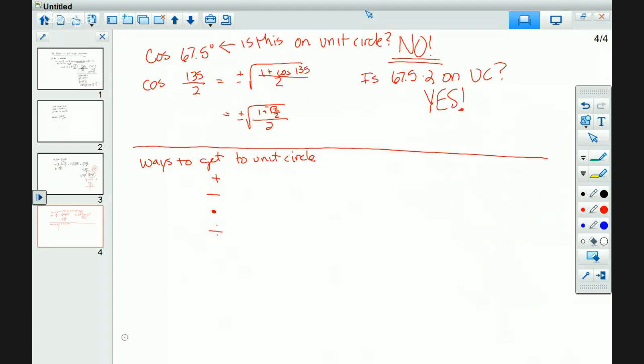We also today added multiplying and dividing. So you're basically manipulating angle measures to be able to use the unit circle. That's the big idea with the last 3 days of class. Can you add or subtract or multiply and divide to make an angle on the unit circle so you can use it? That's it.